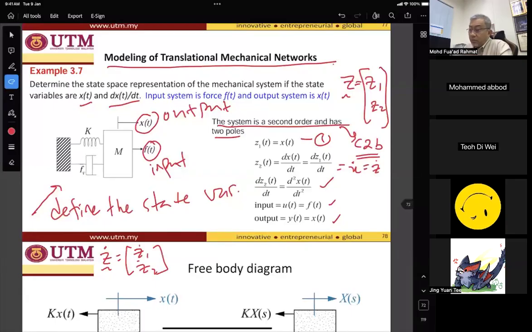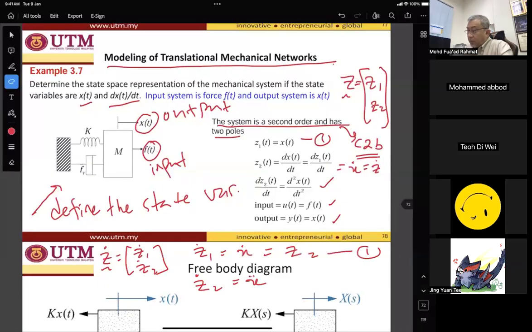Okay, z1 dot is x dot, which is equal to z2. Okay, so we already have the first state equation, and z2 dot, the second derivative state vector, is x double dot.